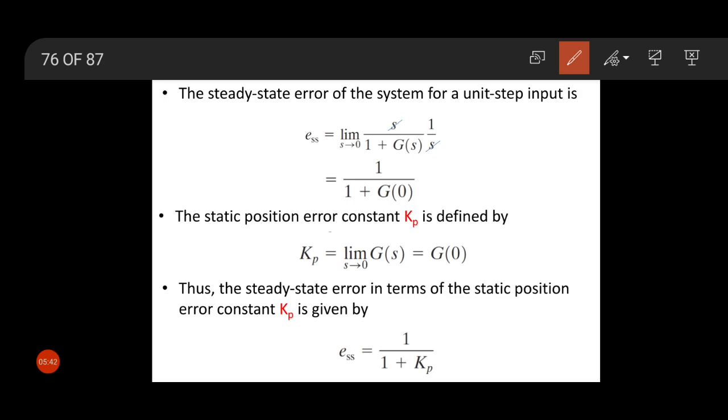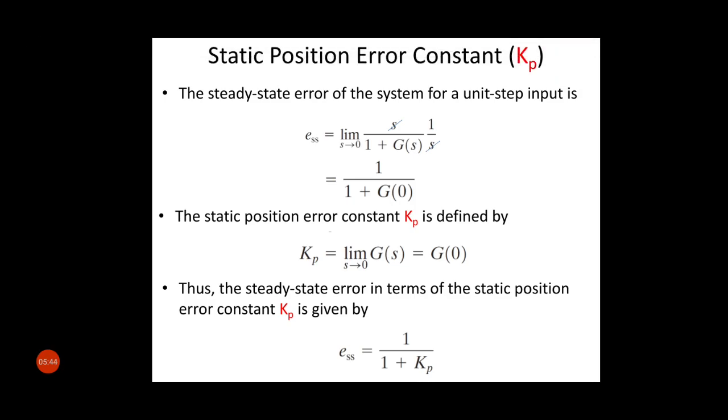So the steady state error of the system for a unit step input is equal to 1 by 1 plus G(0). I have considered a unity feedback system, so I have written only the G term.